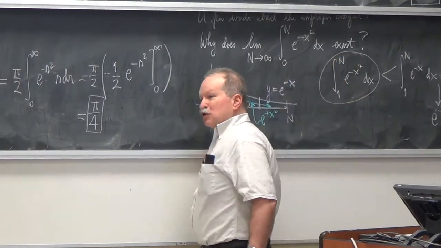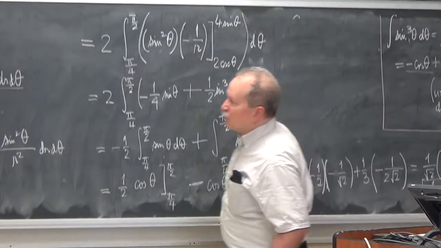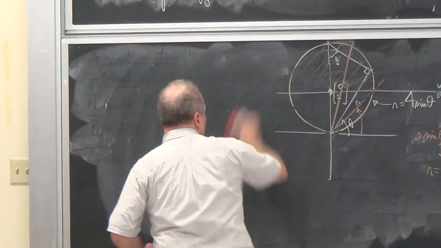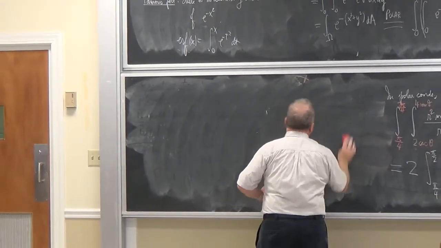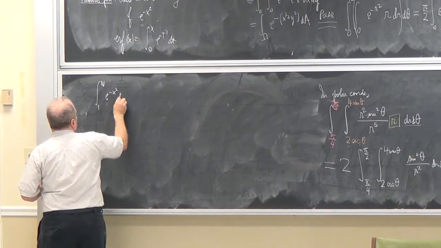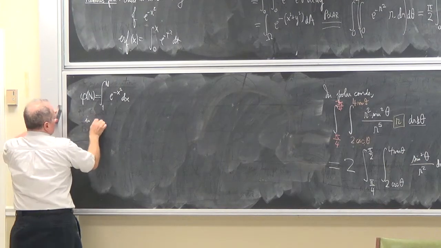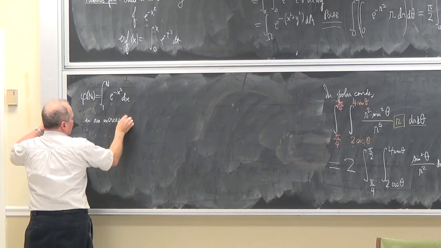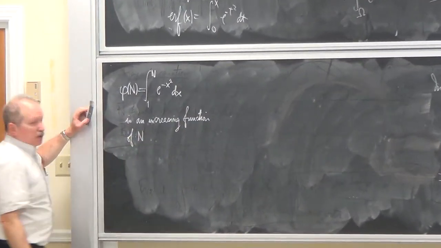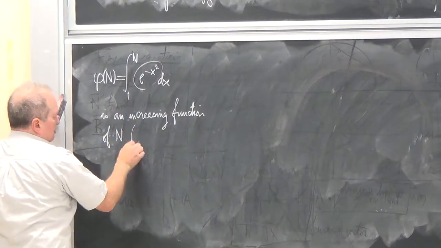So the key lemma that's used, whether you learned this in 2410 or Math 3100 or Calc 2, you should have seen it somewhere. What you know is that the function that integrates up to n, call that phi of n, is an increasing function of n because the integrand is always positive.